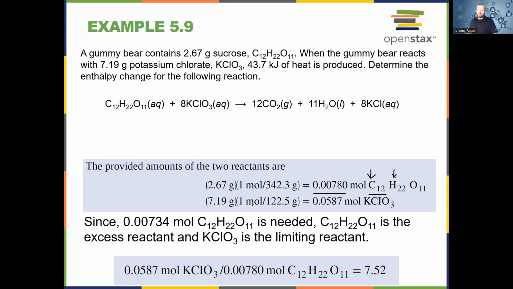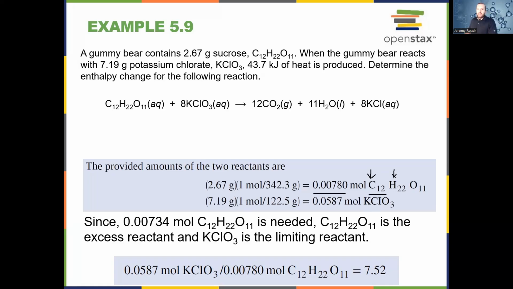We're going to find the AMU of potassium, of chlorine, and of oxygen. So if we repeat that same process, we get about 122.5 grams per mole, and with the 7.19 grams of potassium chlorate, that gives us 0.0587 moles of potassium chlorate.